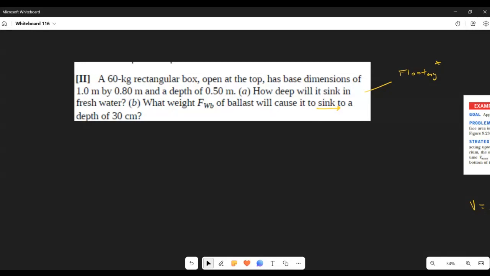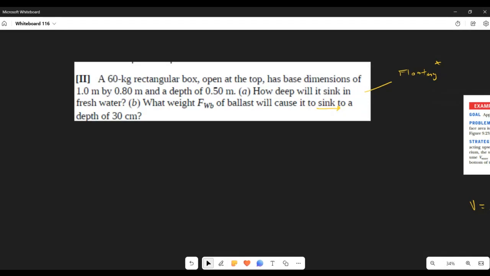Do we have the density of water? It's there somewhere, and that's all you basically need. It's 1,000 kilograms per cubic meter as normal.